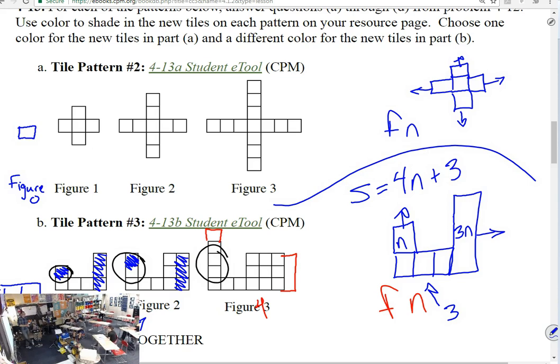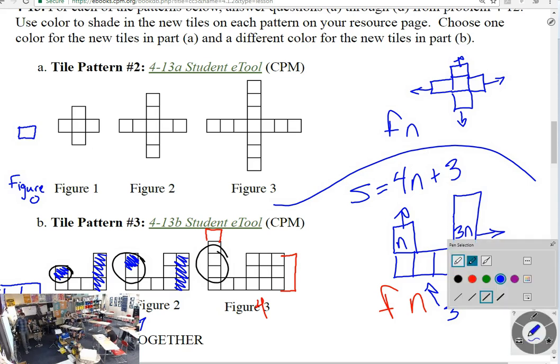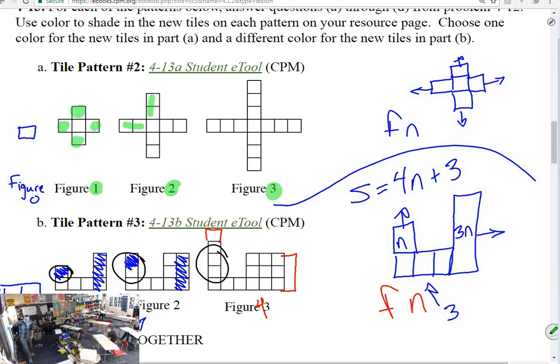Not really, but I just noticed that on all of them, they seem to be 4n plus a different amount, because the figure 0 is different when that's what you add on. That seems to be really the only difference between them, but I haven't finished number 4 yet.